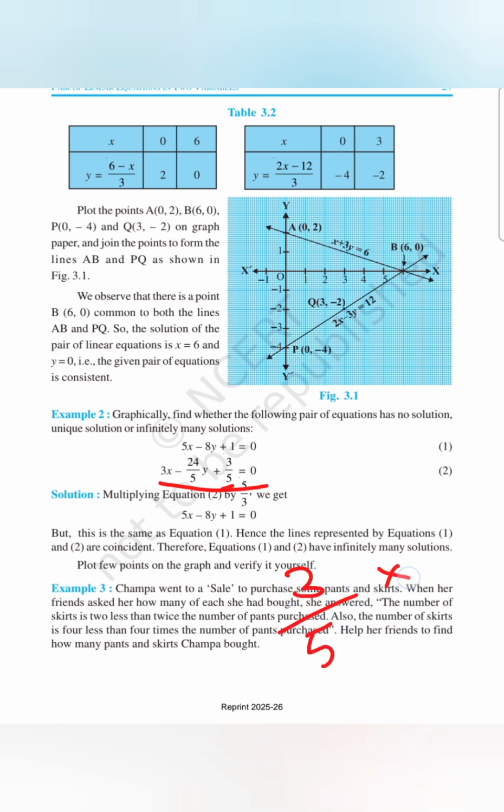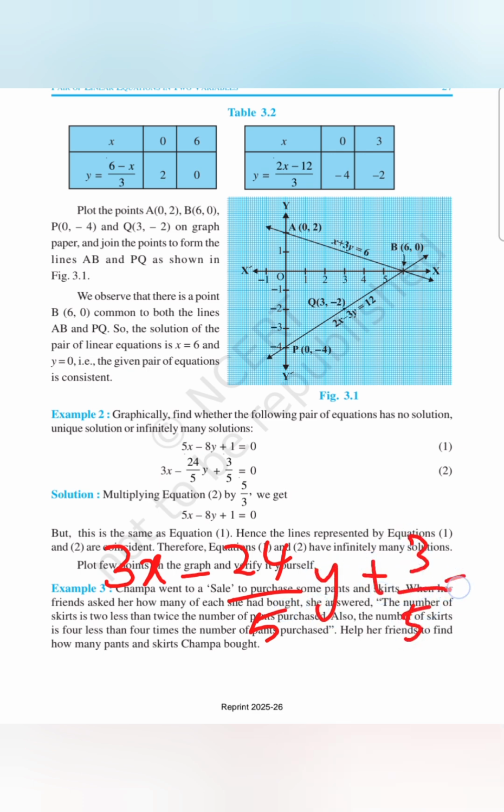When you multiply by 5 by 3, what happens? You get 1 as the constant term. Same way, if you multiply by 5 by 3 in all the terms, what happens? 3x minus 24 by 5 y plus 3 by 5 is equal to 0.